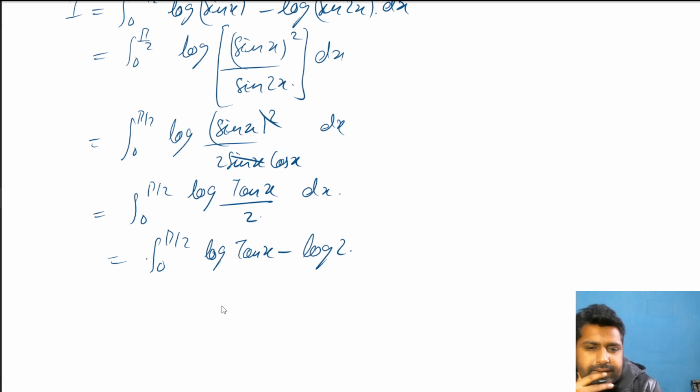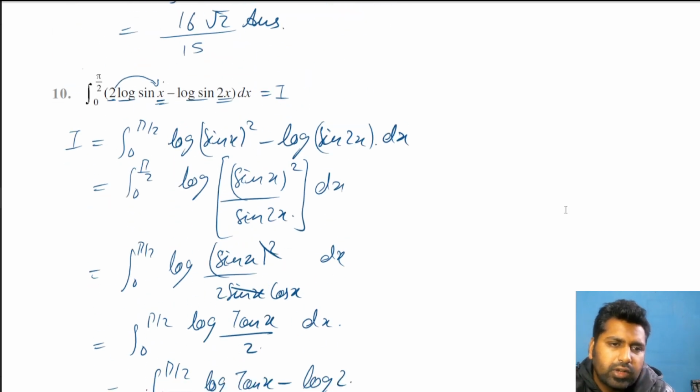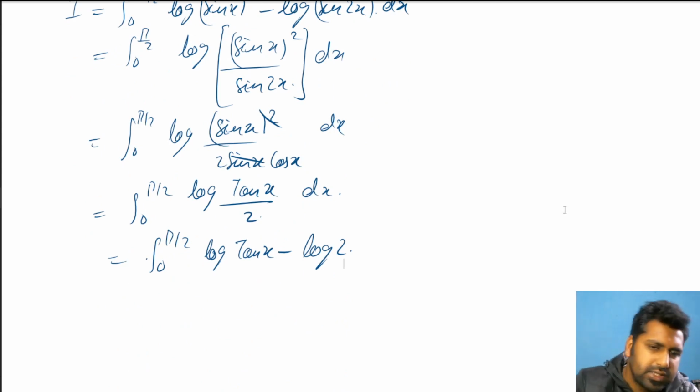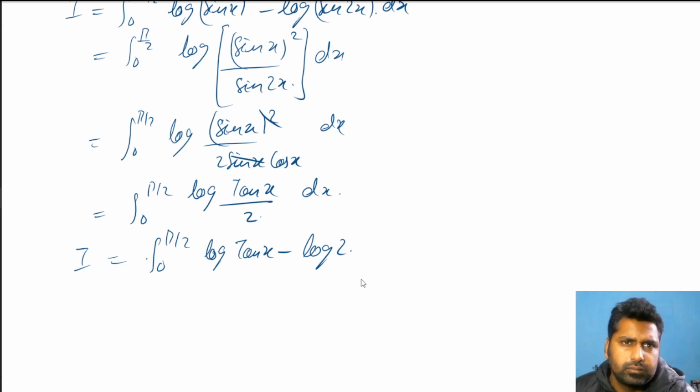Do we really need this? What was the question? Okay, weird. There is no sense of looking at the question. This is our new question now. I is this. Well, let's keep it as it is if we want. Log tan x.